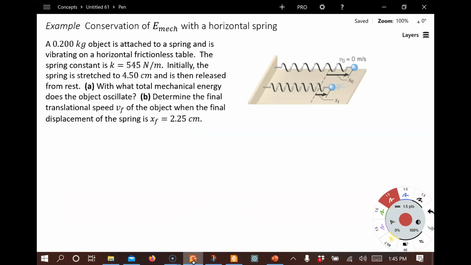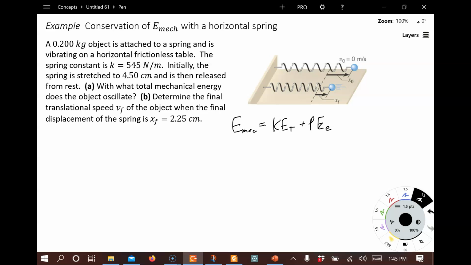So in this problem, we can write that the total mechanical energy, Emec, is just equal to the total kinetic energy, which is the ordinary translational kinetic energy, plus the total potential energy, which is the elastic potential energy due to the spring.